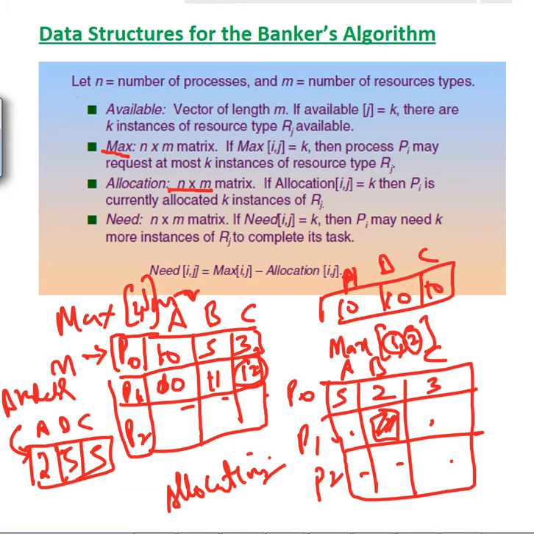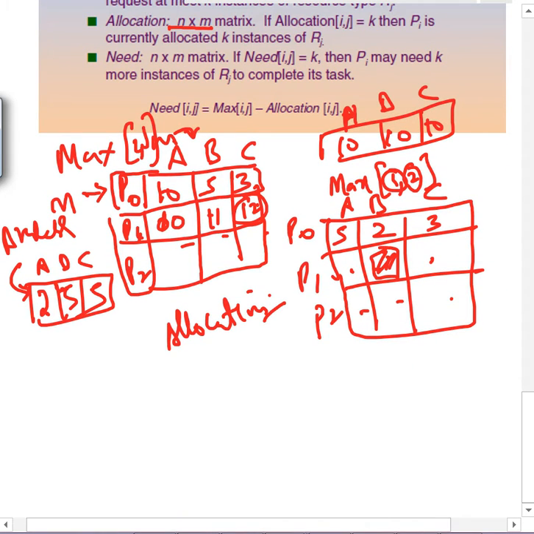So if 10 is the maximum required and 5 is given, then need will have 5 in that place. And for B, I need 5 and 2 are given, so there will be 3 in this place. So the need again is going to be an n cross m matrix.